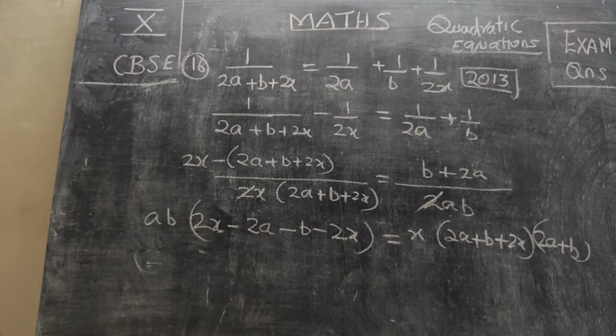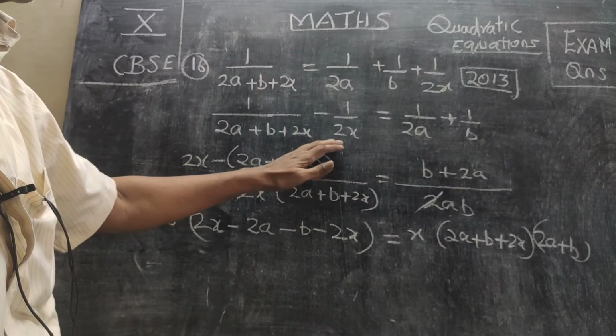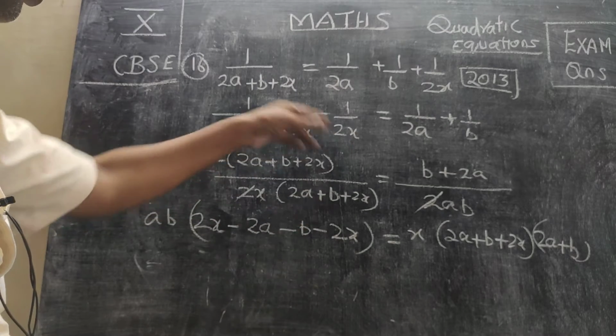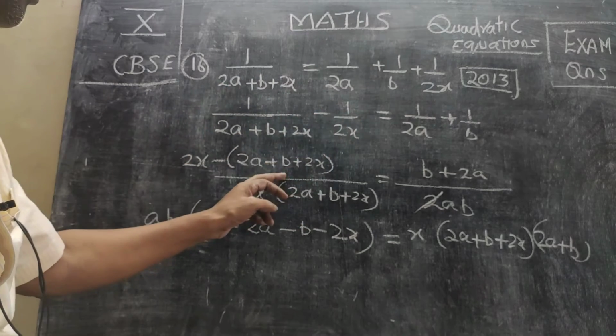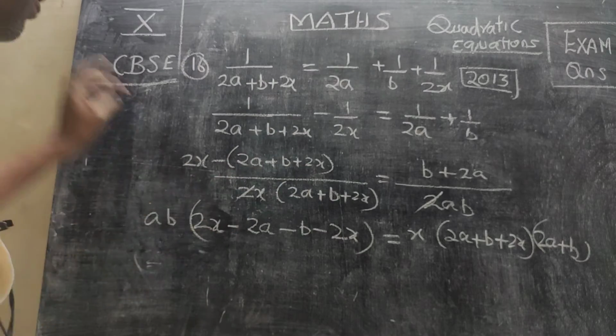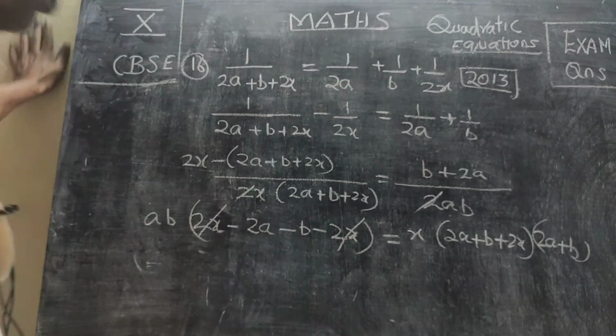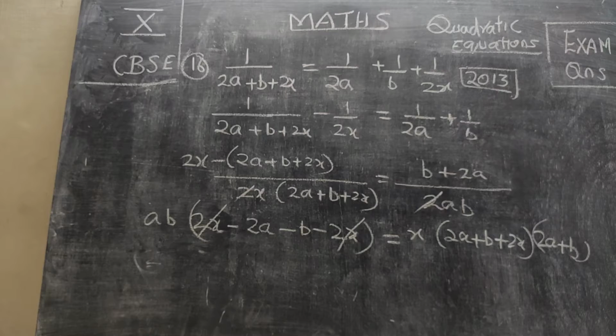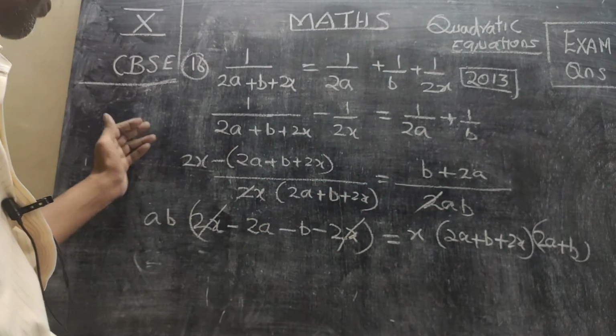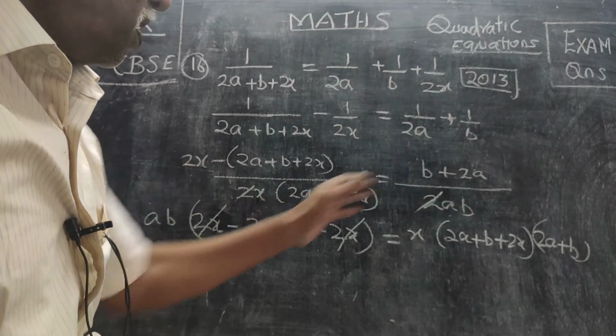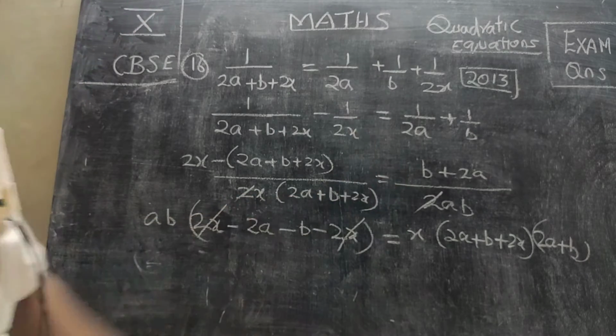It's a nice question, I said, because like this we are not coming across often. 1 by (2a + b + 2x) equal to something, so I am taking the first step 1 by 2x and then taking LCM, so 2x comes and all these things there. On removing that, 2x gets cancelled here, and also I have done the cross multiplication, so I have put ab here, and (b + 2a) multiplied with x into this.